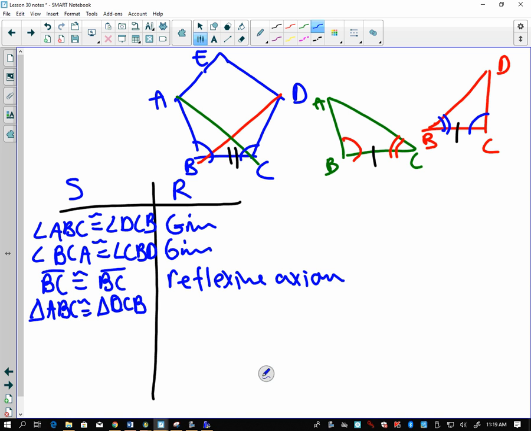Using what again? Angle side angle congruency postulate. All right, we could make those extra steps, but it's really just extra work and extra writing, which I don't want to do. Okay? All right, so yeah, now we can say segment AC is congruent to segment DB, CPCTC.